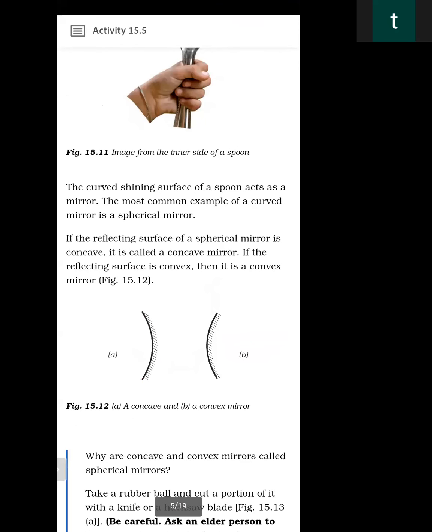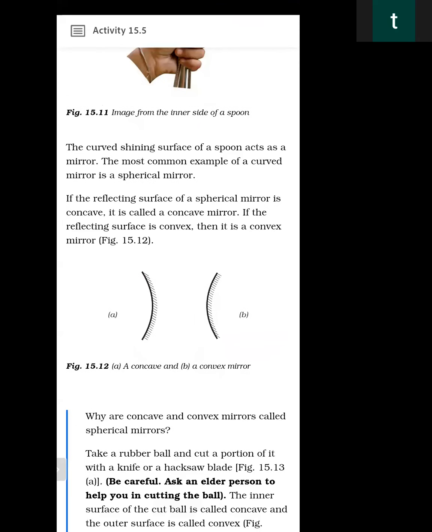The mirror in which the shiny surface is curved inward is known as a concave mirror. The mirror in which the shiny surface is curved outward is known as a convex mirror. In figure 15.12 you can see figure A is a concave and B is a convex mirror.